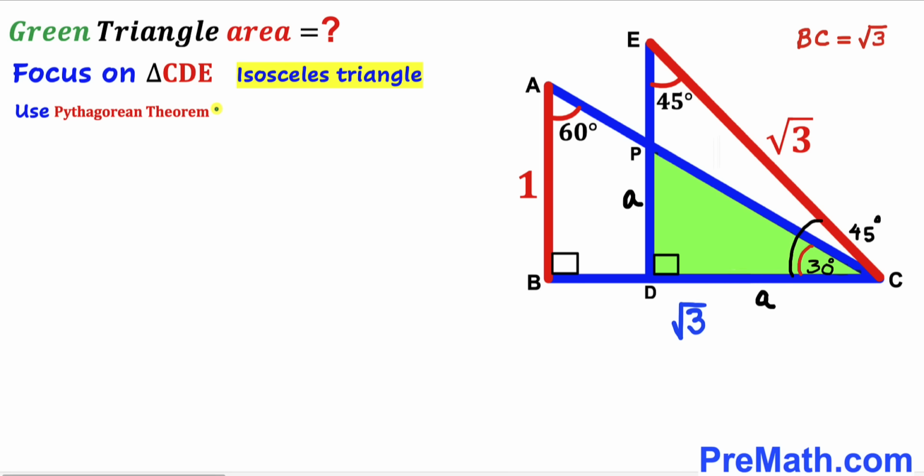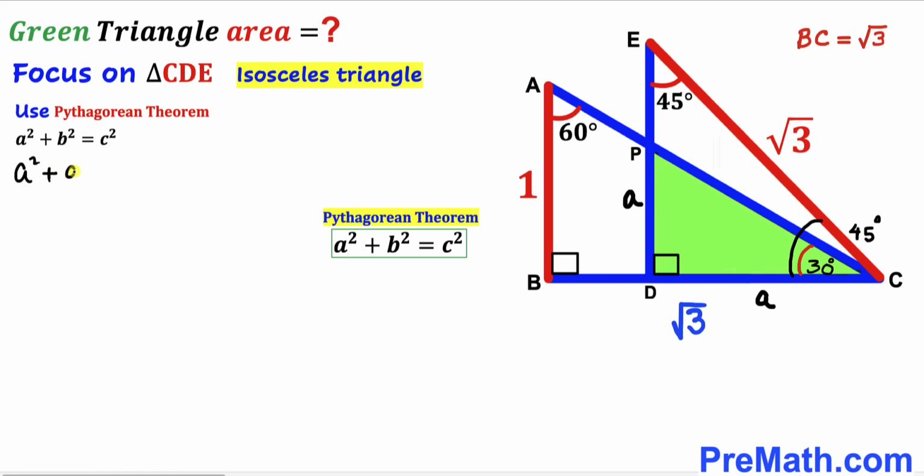Now we are going to apply the Pythagorean theorem on this triangle. Here's our Pythagorean theorem: a squared plus b squared equals c squared. In our case, our hypotenuse is square root of 3, whereas our two other legs are lowercase a and lowercase a as well. Let's fill in the blanks. We get a squared plus a squared equals square root of 3 squared.